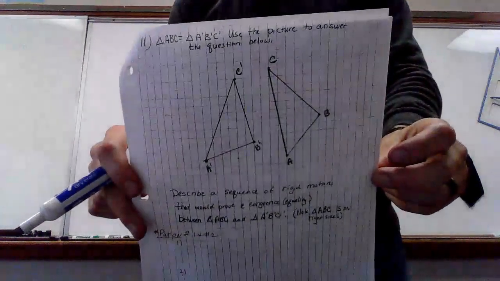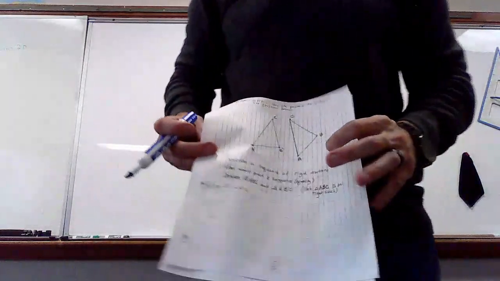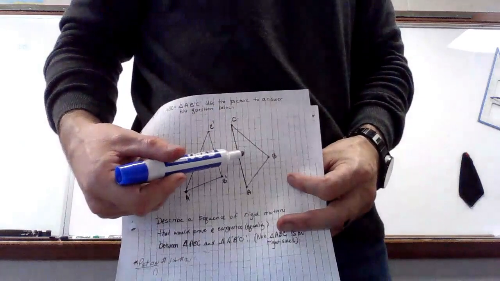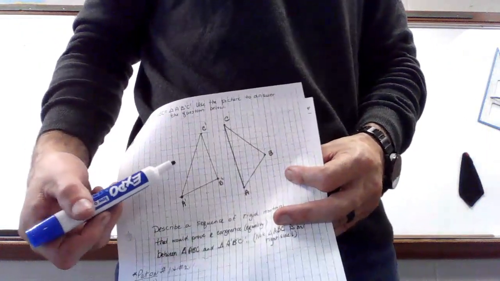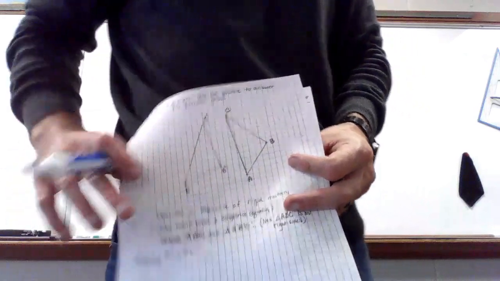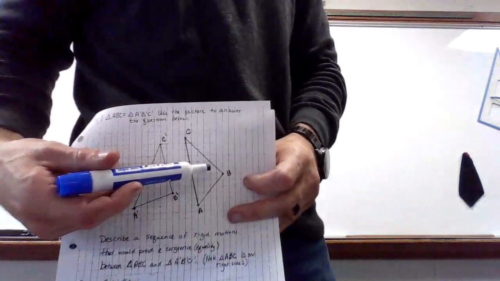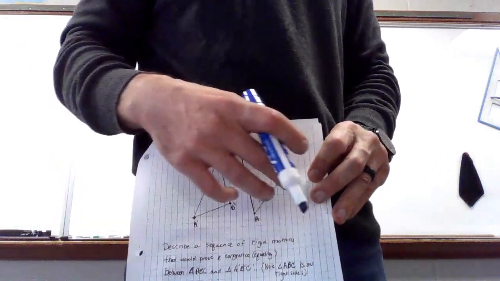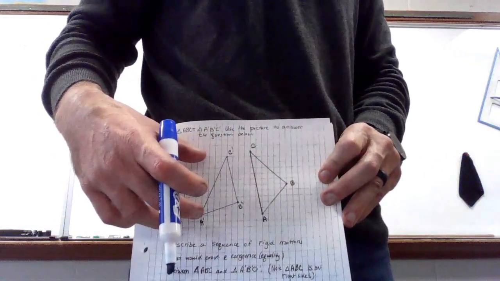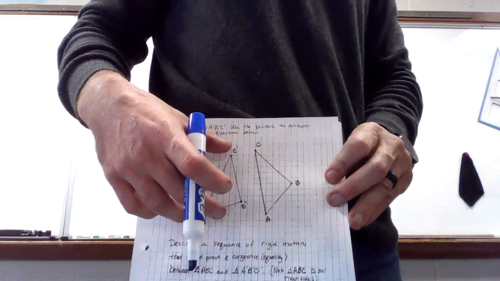So, number 11 is this wonderful picture. You see that? Wonderful. The key to this is knowing here is triangle ABC on your right. This was the original. This is my primes. So to move ABC to A prime, B prime, C prime, I have to translate is step one, but I'm translating to the left.